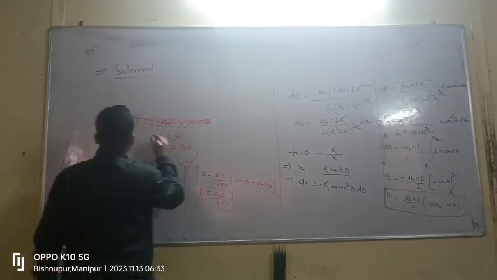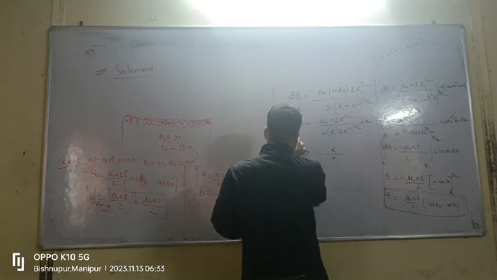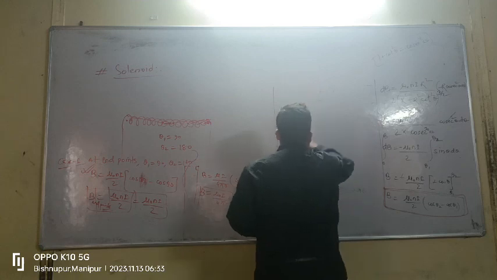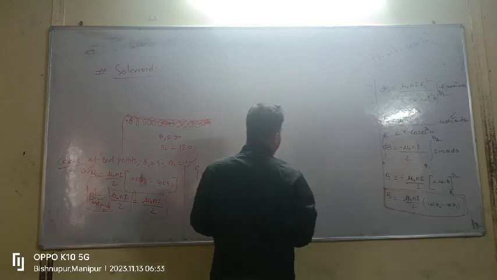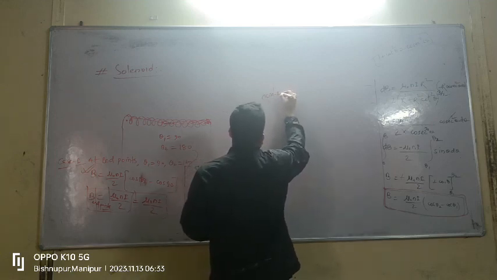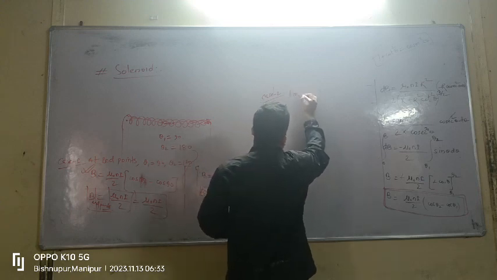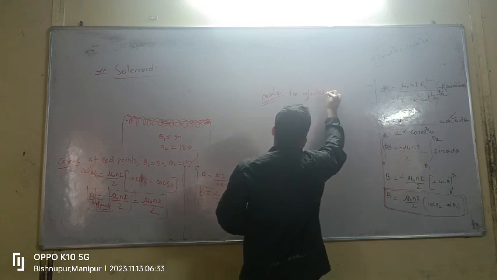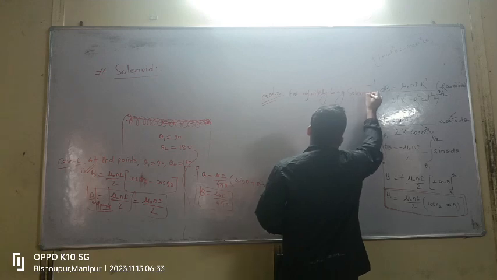Now tell me the angles. What will be cos theta 1 and cos theta 2? I want to calculate in between them, at any point, not at the ends. Case 2, for an infinitely long solenoid.